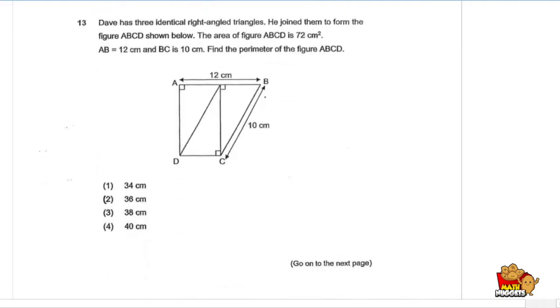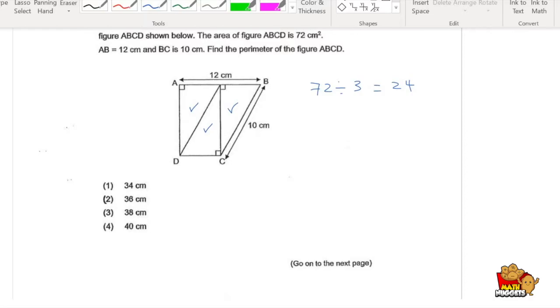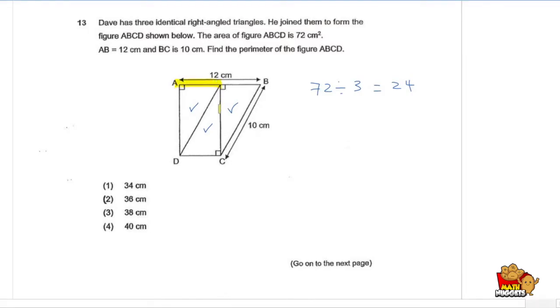Question 13. The area of the figure with 3 identical right-angled triangles is 72. Let me find the area of one triangle. It's 24. What I want to find now is the area of this rectangle so that I can find the length of AD, because I'm supposed to find the perimeter, so I need to know AD.